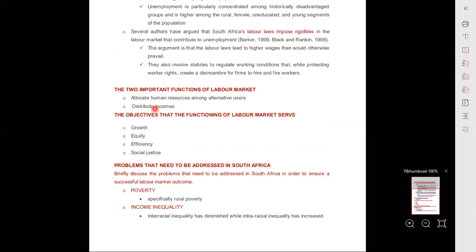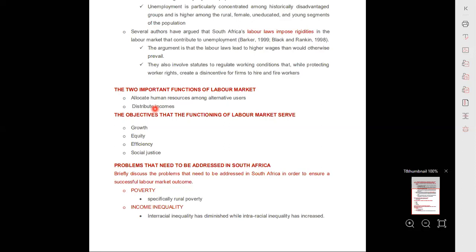Allocating human resources among alternative users: those who want to buy your labor service can simply visit the labor market. And also in terms of distribution of income. What are the objectives that the functioning of the labor market serves?